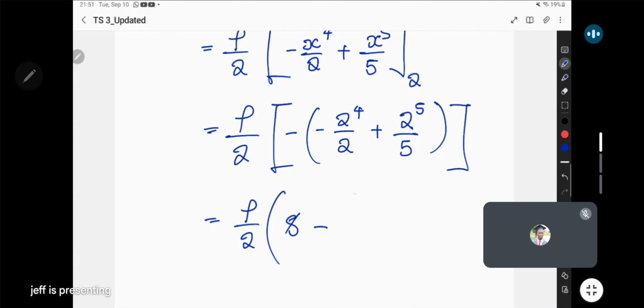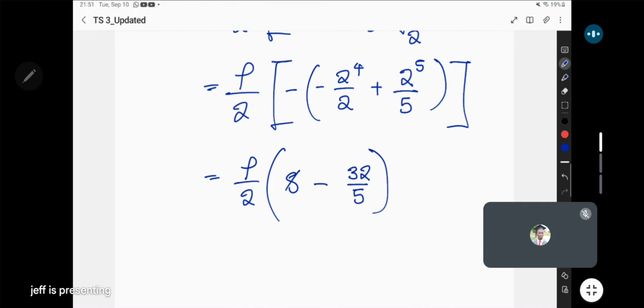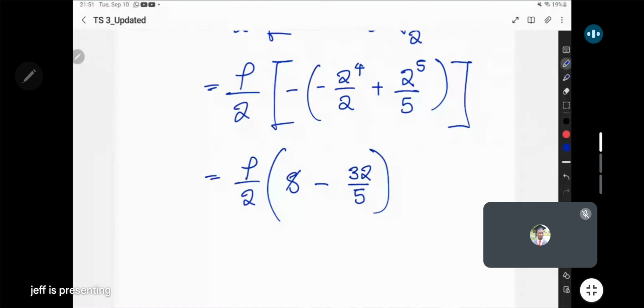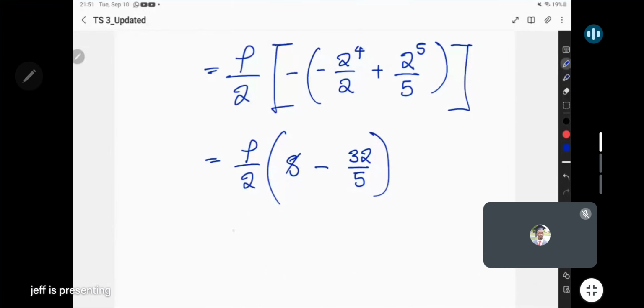Now this will be minus. Here I have 2 to the power 5, that is 32, divided by 5. So of course, if I make any slight error there, feel free to just bring me back. Okay, so just track the negatives, how they're being distributed there. So this is what we are reducing to.